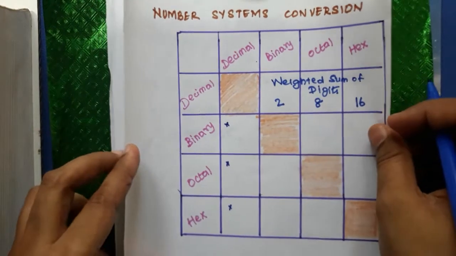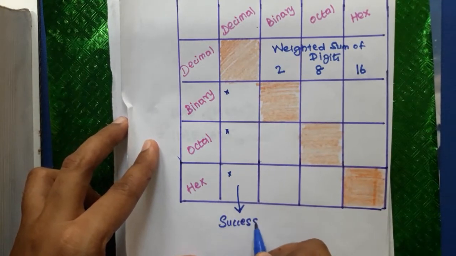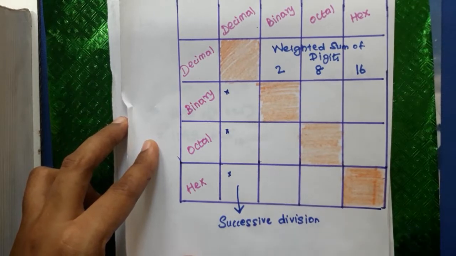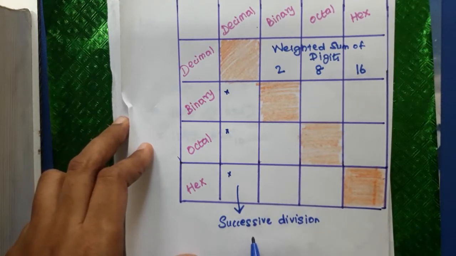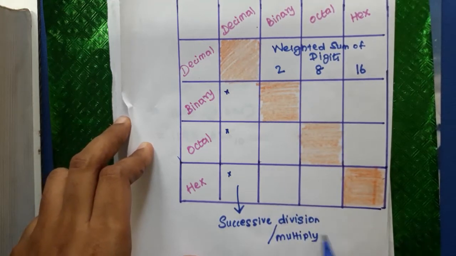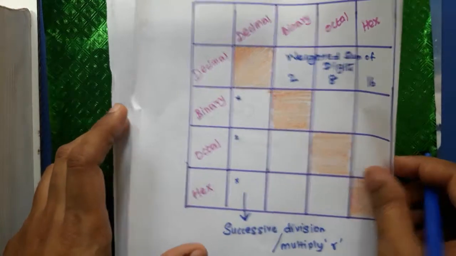The methodology that has to be adopted is successive division method when it comes to whole number part, whereas we will successively multiply by the radix when it comes to the fractional part. Let's see some examples.